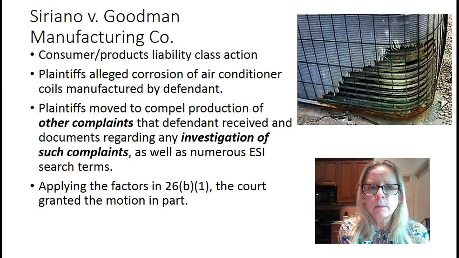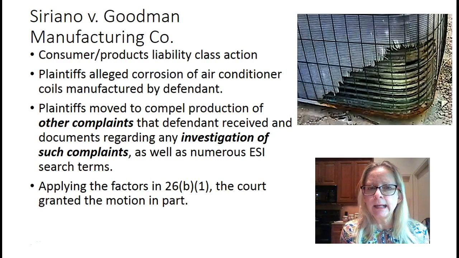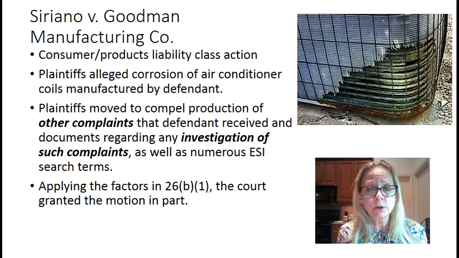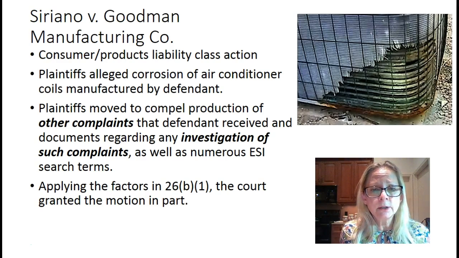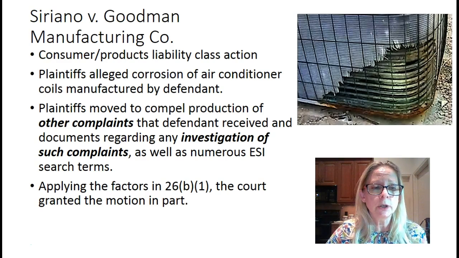The plaintiffs moved to compel production of other complaints that the defendant had received and documents regarding any investigation of such other complaints, as well as numerous electronically stored information search terms. The court applied the factors in 26(b)(1), the proportionality factors, and granted the motion in part.